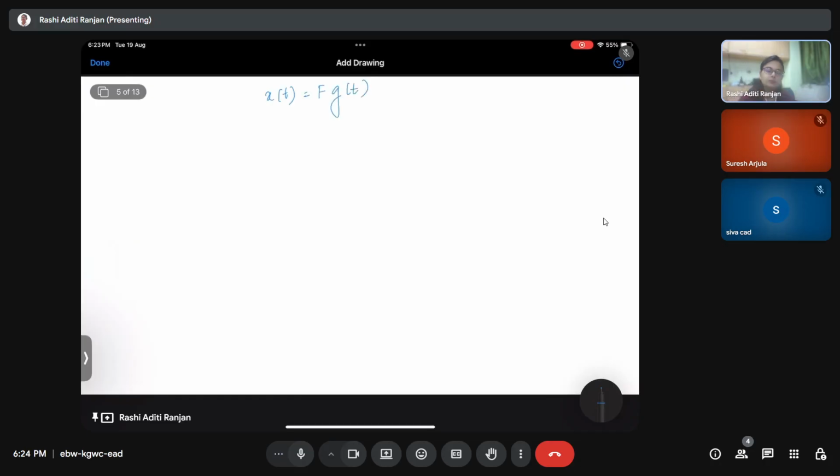Here the impulse was applied at t equals 0. Right? The impulse was applied at t equals 0. Now what is happening? The impulse is getting applied at t equals tau, right?